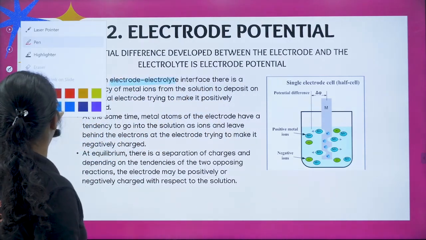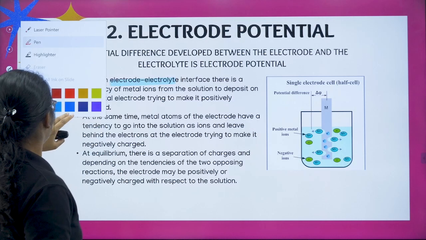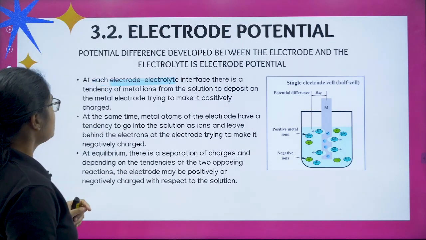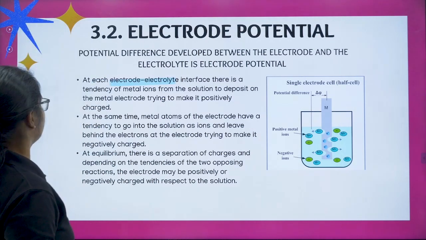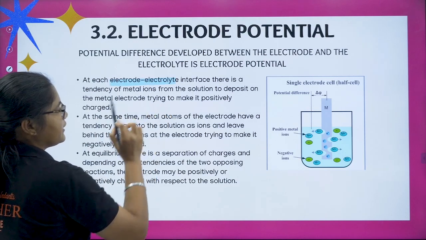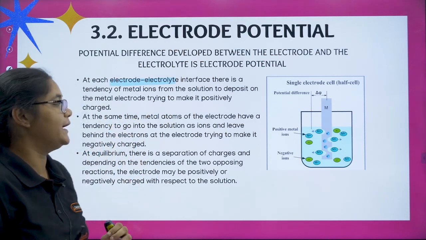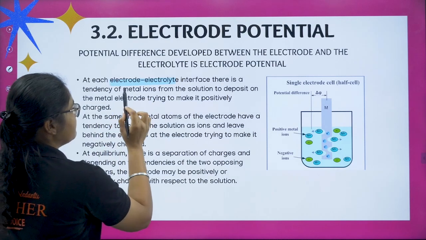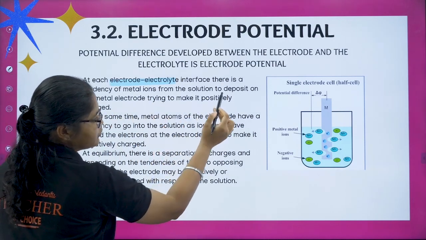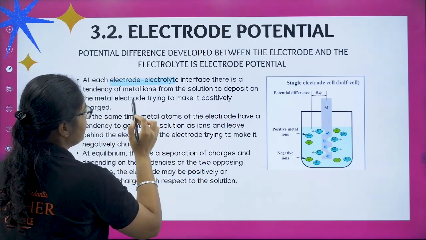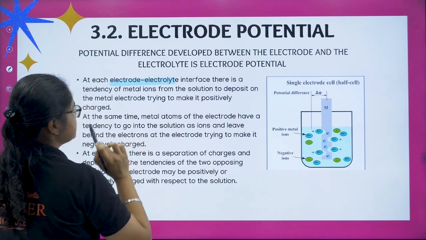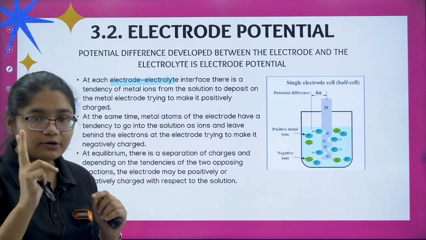Let's see this in a little bit more detail. You can see here, at each electrode-electrolyte interface, interface means between one electrode and electrolyte, there is a tendency of the metal ions from the solution to deposit on the metal electrode, trying to make it positively charged. So there can be two things.